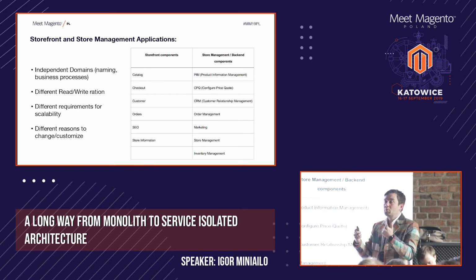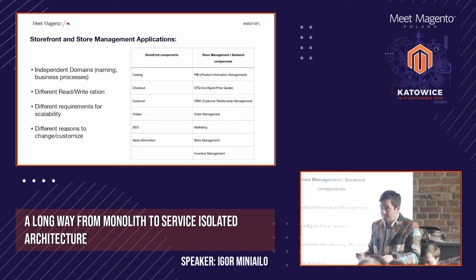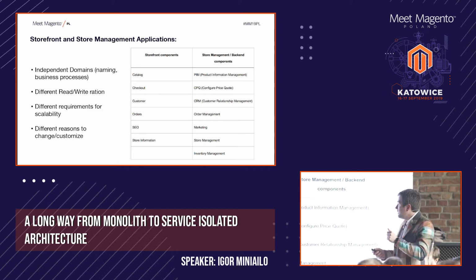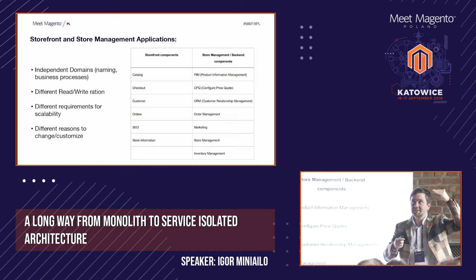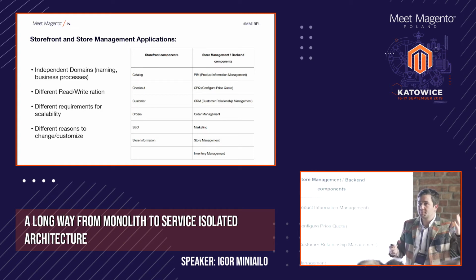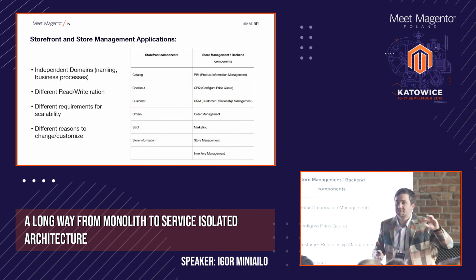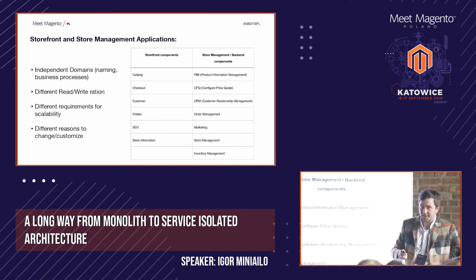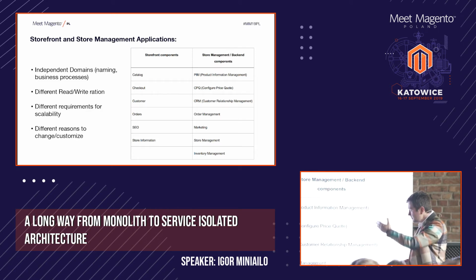What does that actually mean? It means that the API for the storefront and store management for the same operation, like a product save, should be different. Another thing is that their stack of components and even the database storage should be different as well. Because taking into account that on a storefront we have much more reads, our database storage should be more efficient for reading data, while for the admin panel it should be more efficient for writing data.